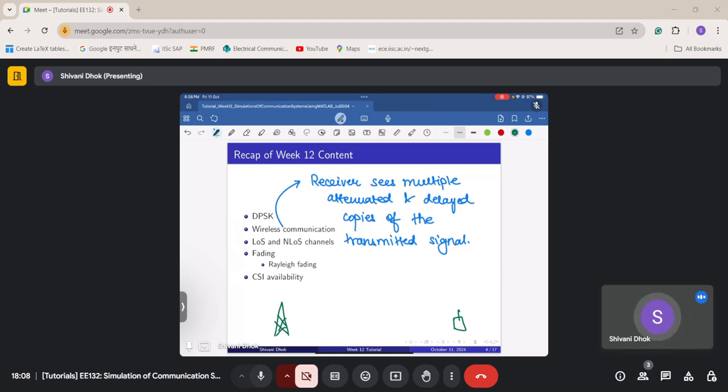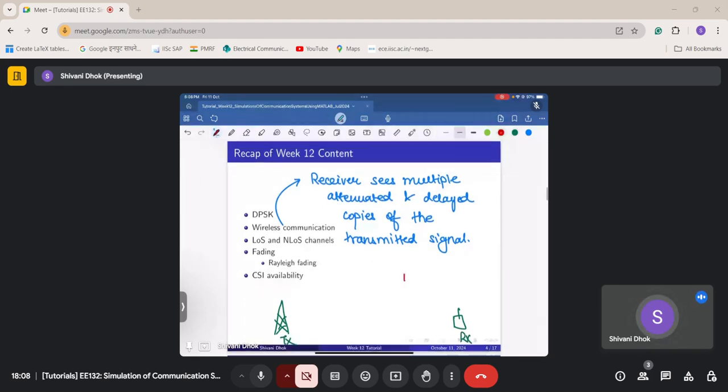So in our atmosphere, in our environment, there will be multiple objects. There might be some car, or some building, or some tree. Multiple things might be present in the environment.